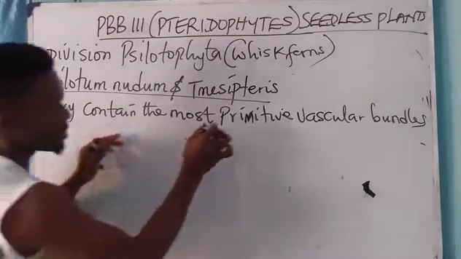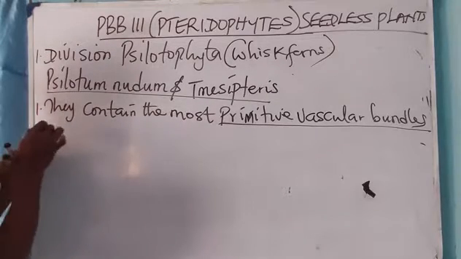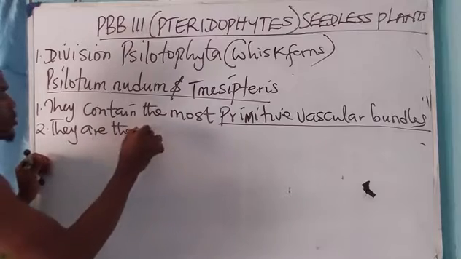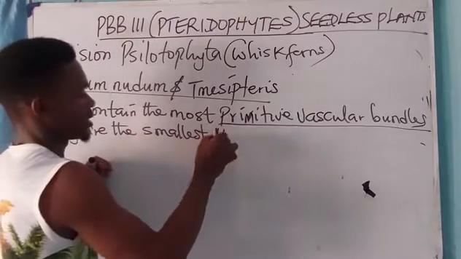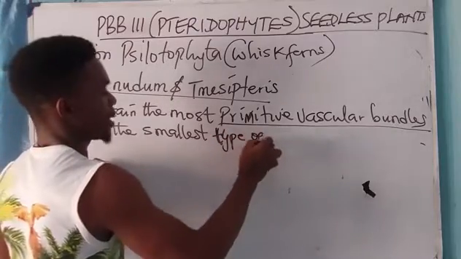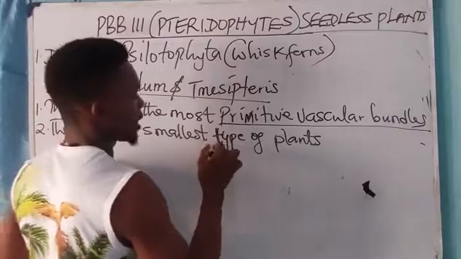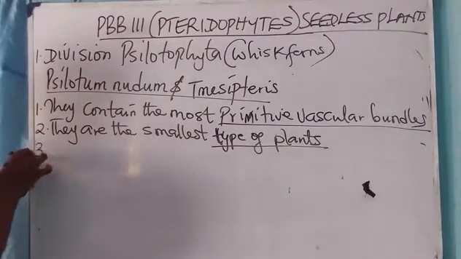Take note of that. Primitive vascular bundles. Then, two, they are the smallest type of plants. All right, they are the smallest type of plants ever discovered.